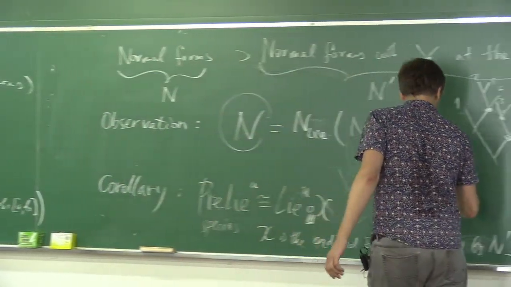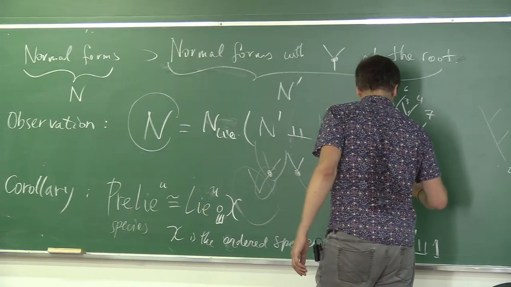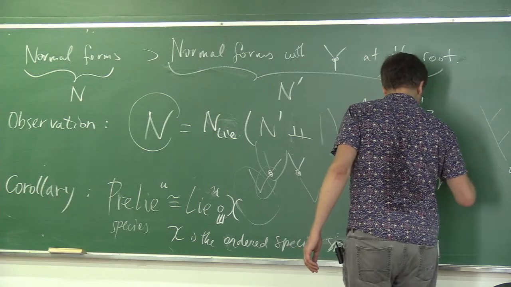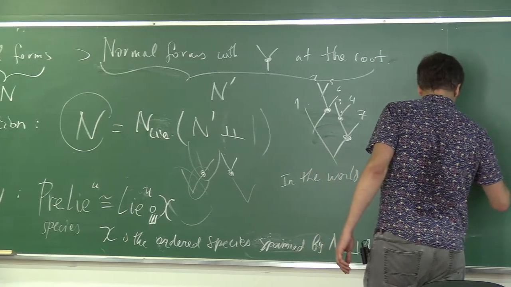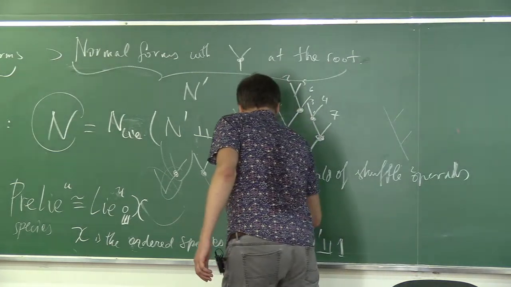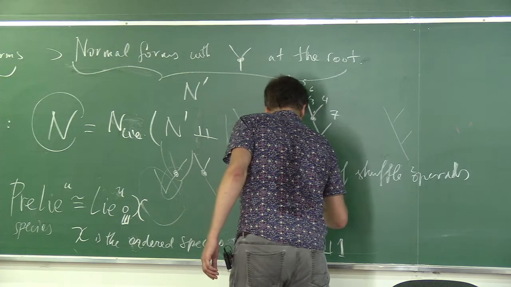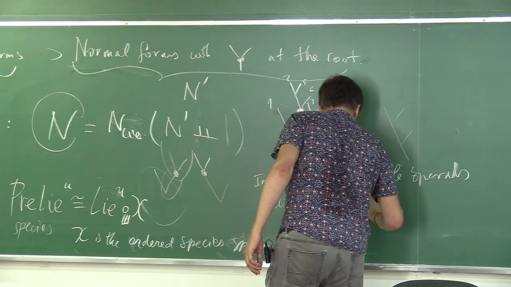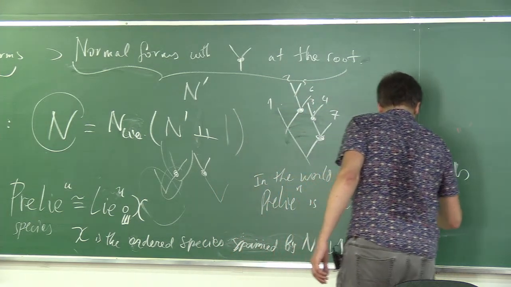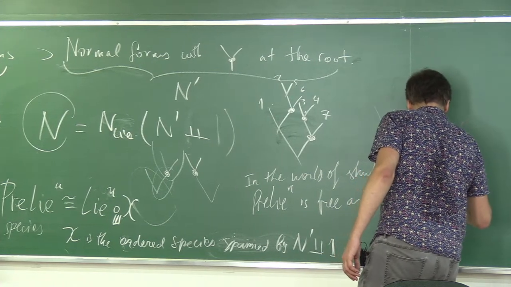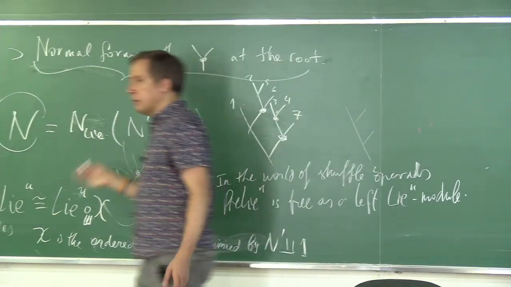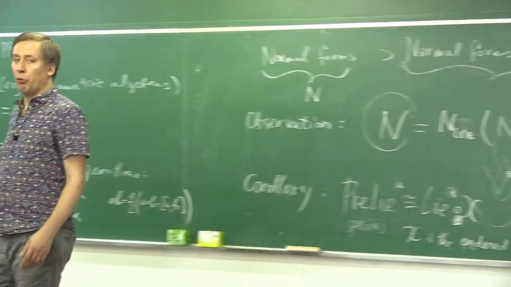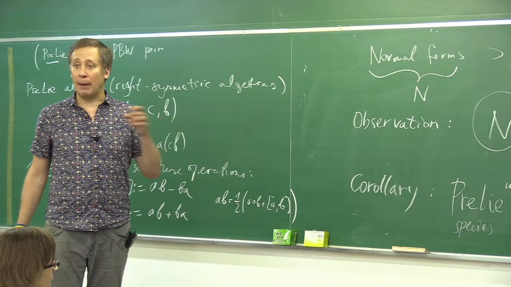So in the world of shuffle operads, pre-Lie shuffle is free as a left Lie-U module. This is, of course, not what we wanted. We wanted to prove that it's free as a right module for the PBW property.